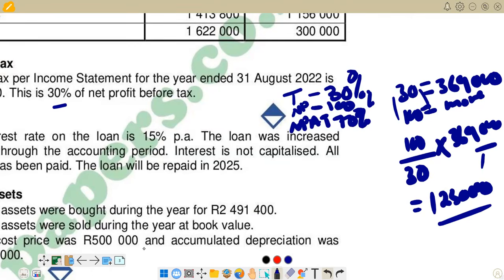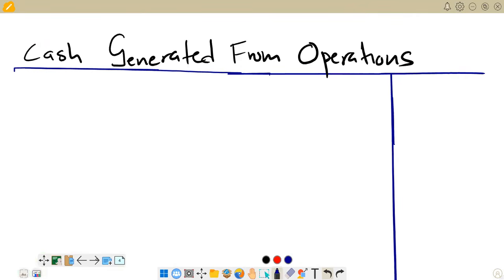So we can go and put that figure as net profit before tax in this section of the answer there. We are going to start with net profit before tax. And then obviously we can summarize the working that we used there.